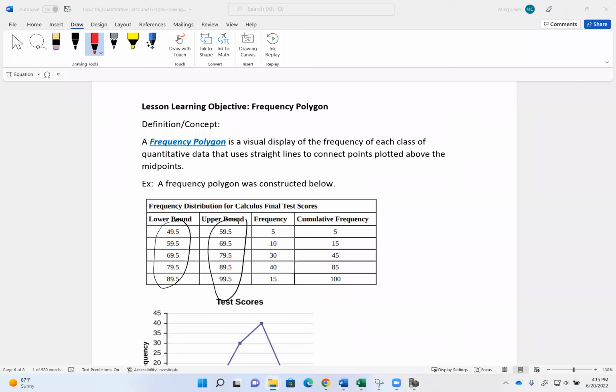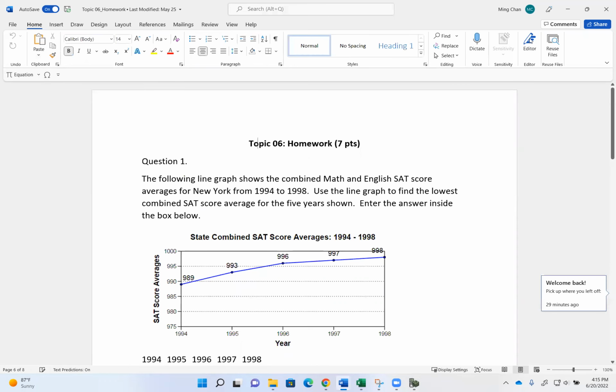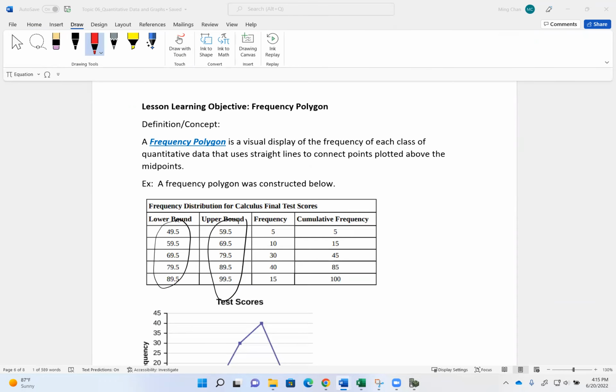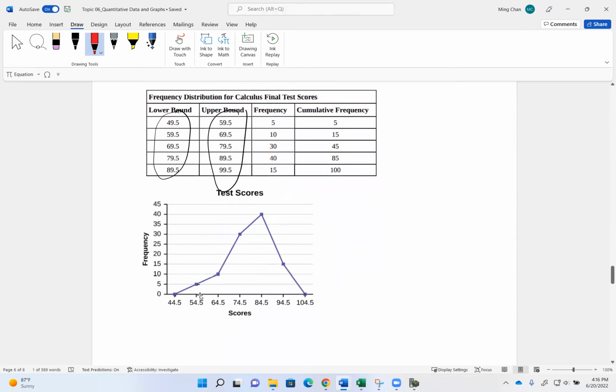Let me double check. Yeah, these are midpoints. Sorry about that. The x-axis is representing the midpoint, not the boundary. These numbers are midpoints.